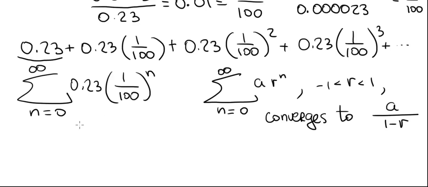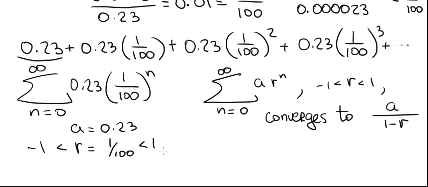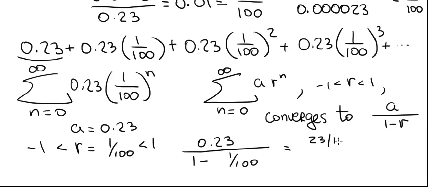In our case, for this series, a equals 0.23 and r equals 1 over 100. That, of course, is less than 1 and greater than -1. So the series converges to 0.23, that's a, divided by 1 minus 1 over 100. So that's 23 over 100 divided by 99 over 100, which is 23 divided by 99.